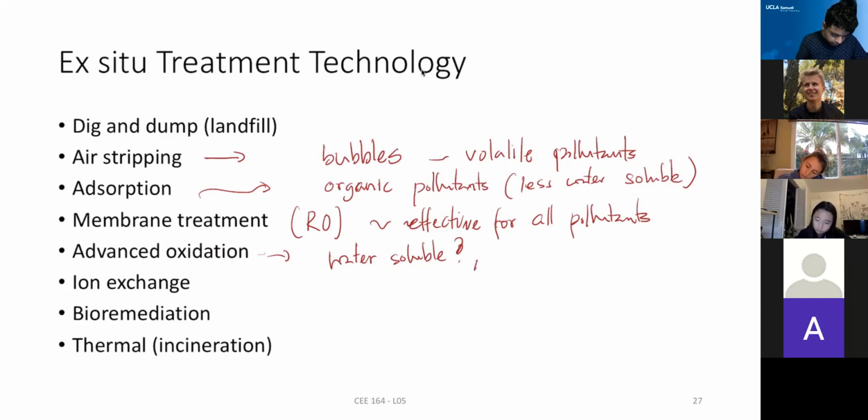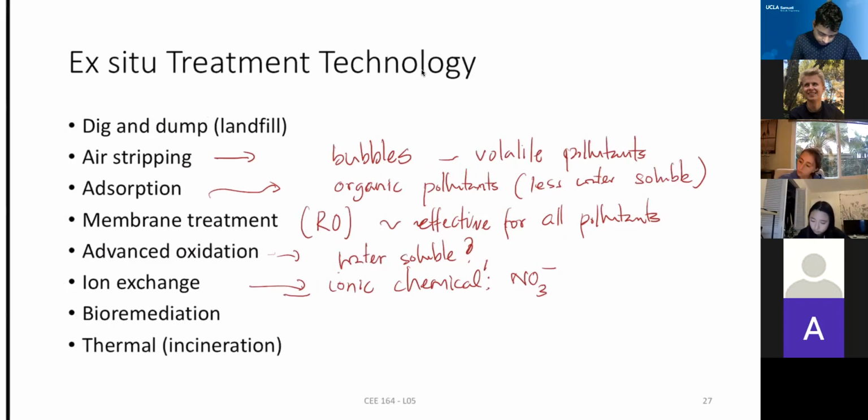Ion exchange works with ions, so this is mostly for ionic chemicals, as it sounds. Let's say nitrate is one such example. If you want to remove nitrate, all it does is remove the nitrate and replace it with another ion that is less of a pollutant.